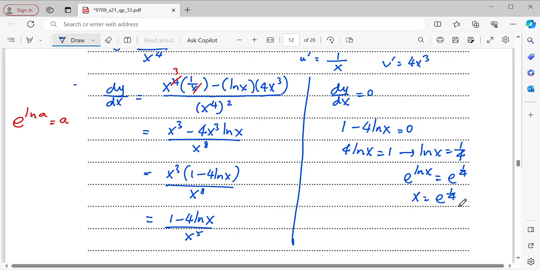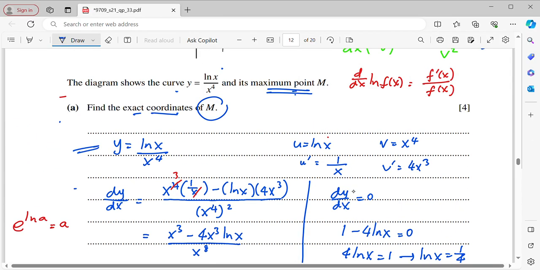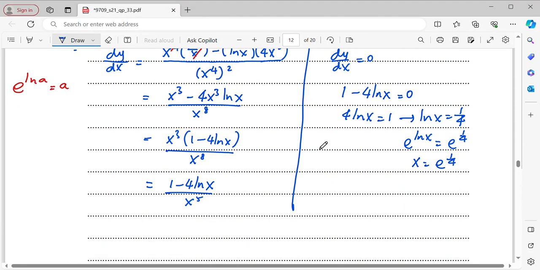Okay, once you have found your x coordinate, then just substitute into the y coordinate. So your y is ln x over x to the power 4. That means this is going to be ln e to the power 1 over 4 divided by e to the power of 1 over 4, then power 4.